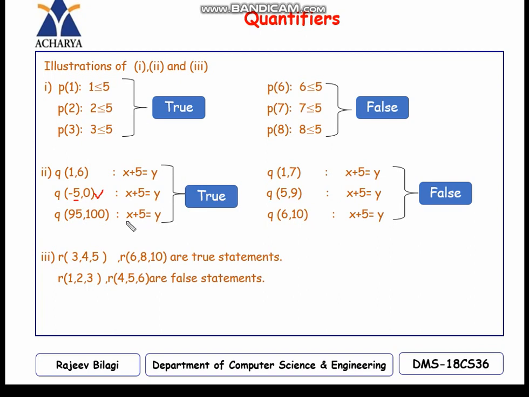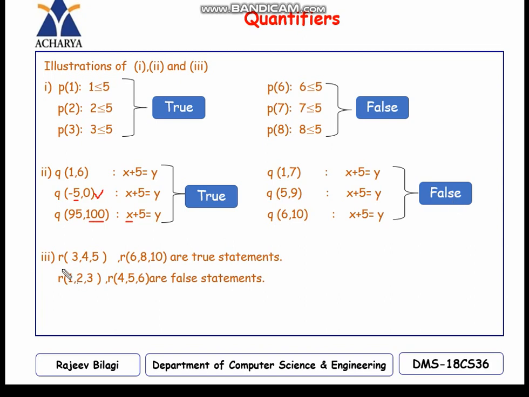If you substitute the value of x as 95, 95 plus 5 is equal to 100, which is the value of y. In the other case, if you take q of 1 comma 7, 1 plus 5 is 6, which is not equal to 7, which is wrong. So this statement is false.